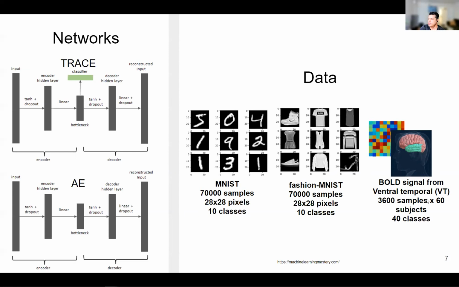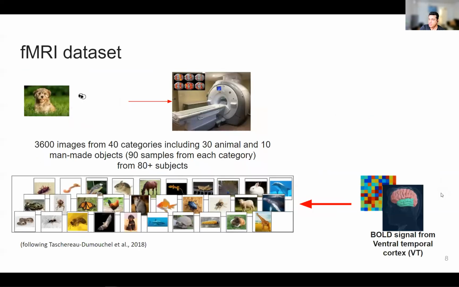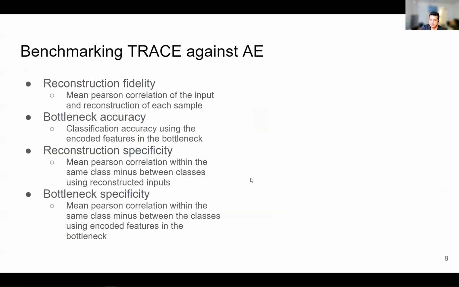And we have the BOLD signal from ventral temporal cortex that was collected by another group, where subjects were looking at 40 different categories of objects, and the BOLD signal from the ventral temporal cortex from those subjects was collected. We have four different metrics in order to benchmark TRACE against an autoencoder.